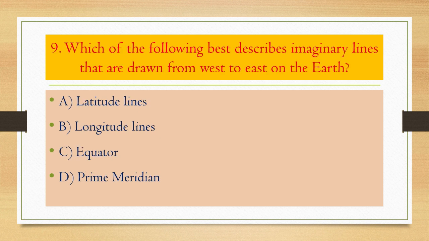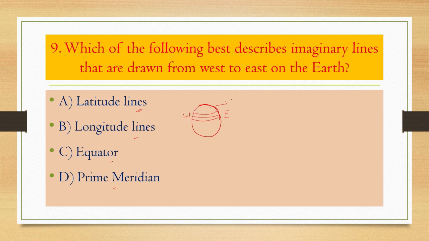Next question. Which of the following best describes imaginary lines that are drawn from west to east on the earth? First one is latitude lines, second one longitude lines, C equator, D prime meridian. So here we're discussing imaginary lines which are drawn from west to east.